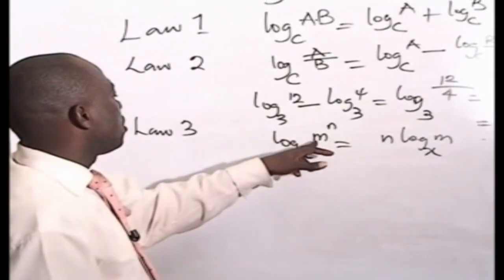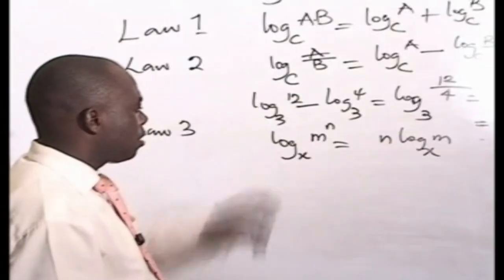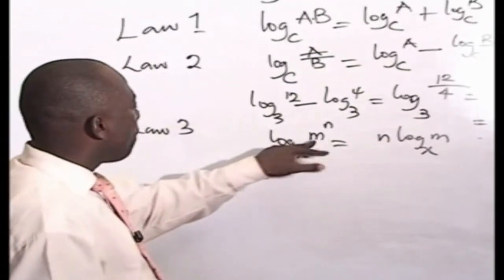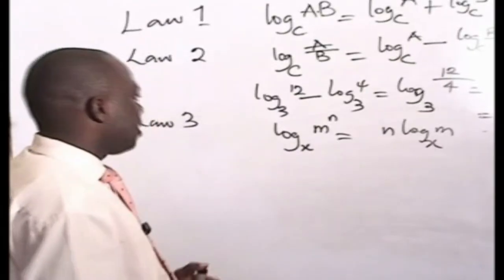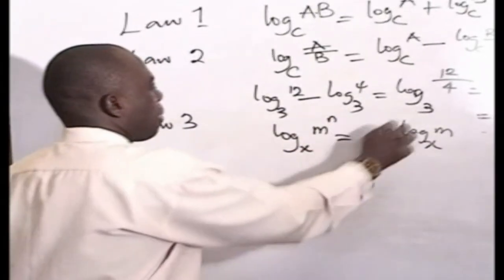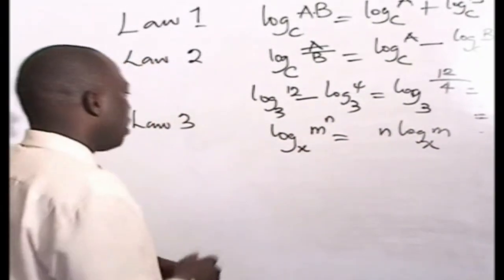If you are given this kind of question, in which case the number of the logarithm has an index, the index can be transferred to the front of the logarithm.